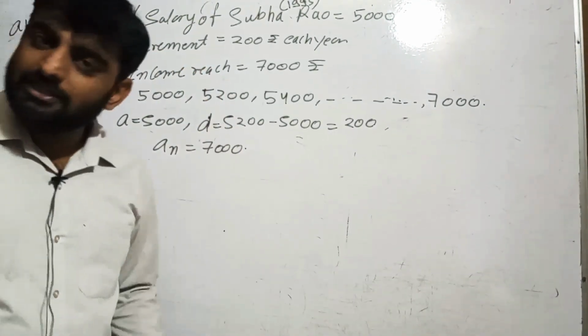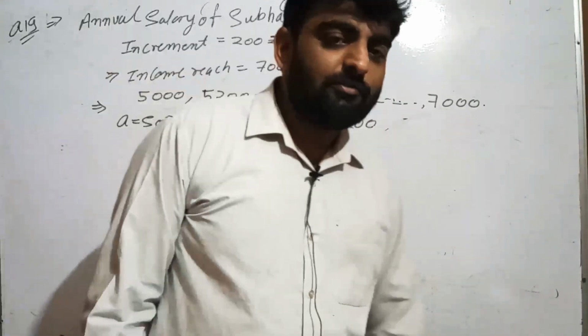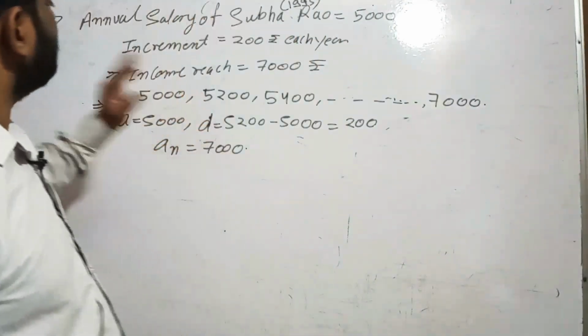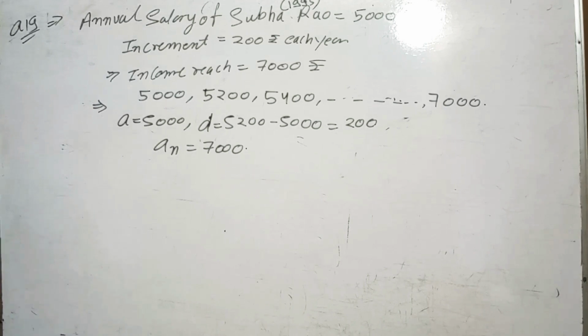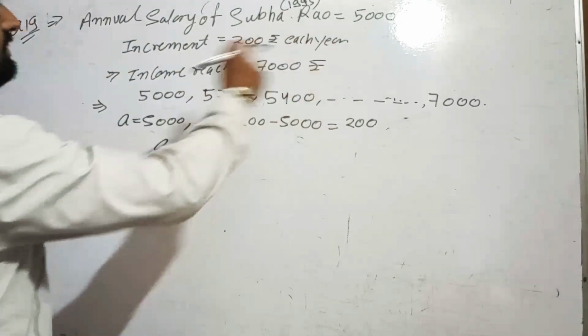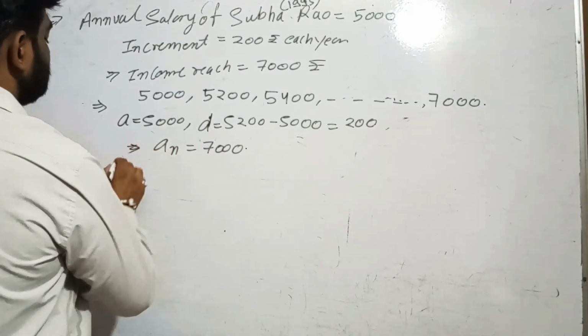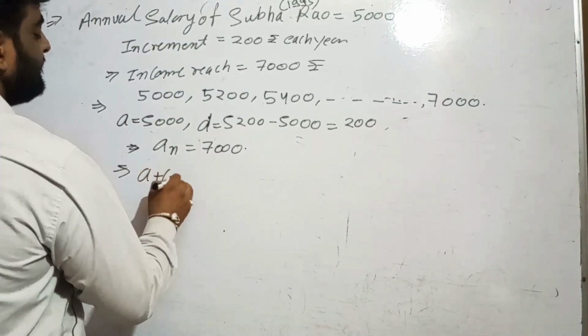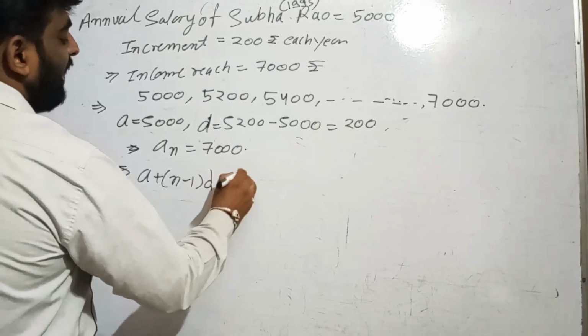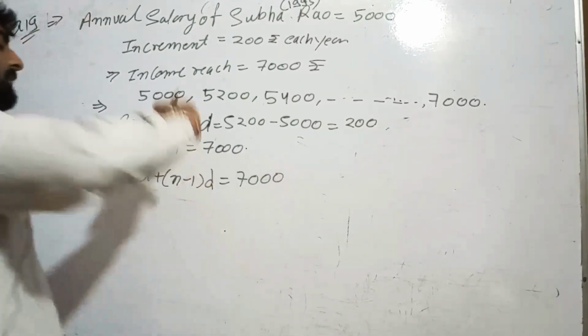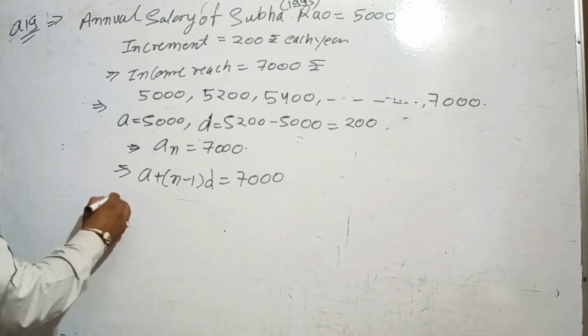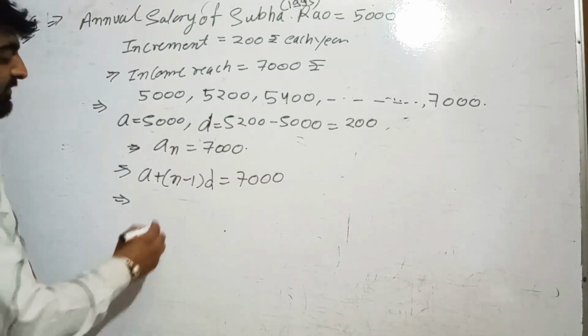Because we have to find the value of n. If we find the value of n, we can tell in which year he received a salary of 7,000 rupees annually. Here an is given, and a is also given.